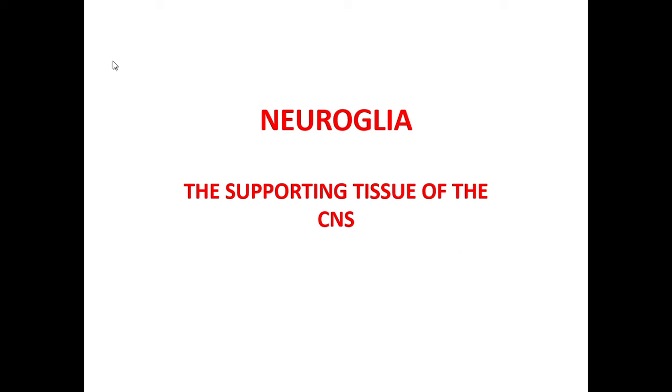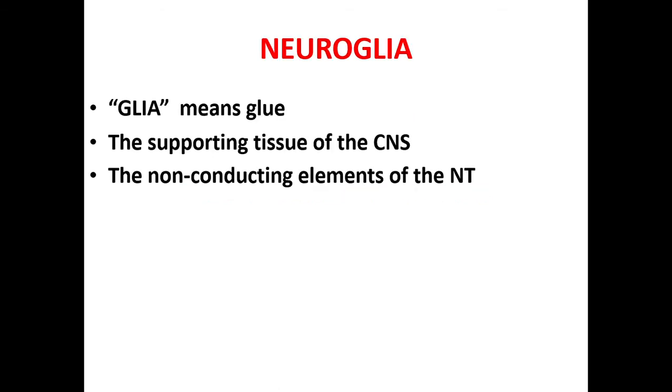To the supporting tissue of the nervous system, but take note, we have the central nervous system. So the supporting tissue of the central nervous system is the neuroglia. The neuroglia have two words. We have neuro, which means the nerve cell, and glia, which means glue.